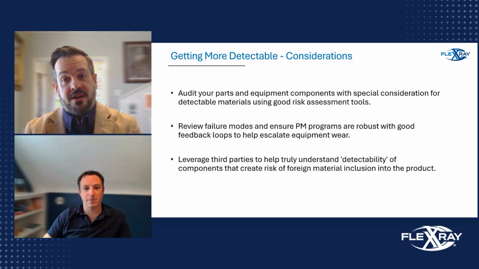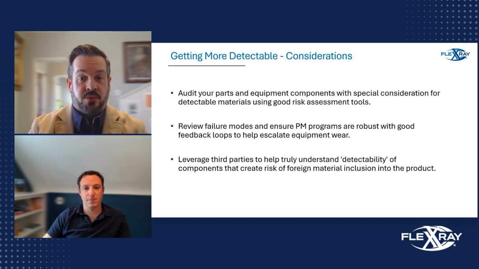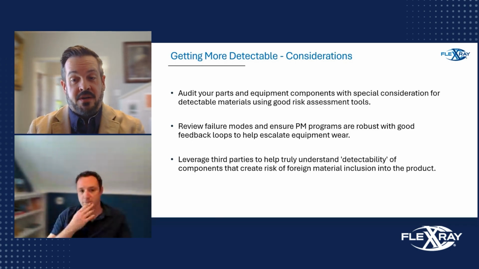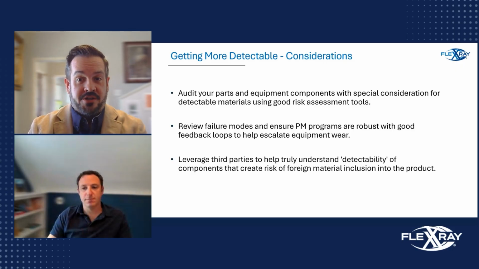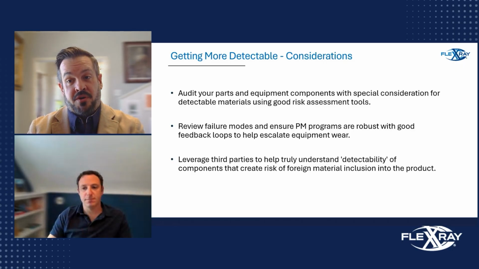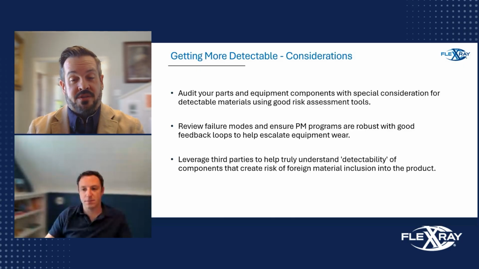So auditing your parts and equipment components is one of the things that's extremely important, and making sure that we're doing a risk assessment at the same time of the likelihood of inclusion there. Along with that, reviewing what can go wrong during production and ensuring that we have robust PM programs, that we have good feedback loops when things are starting to wear or when something is missing during a shutdown or a startup.